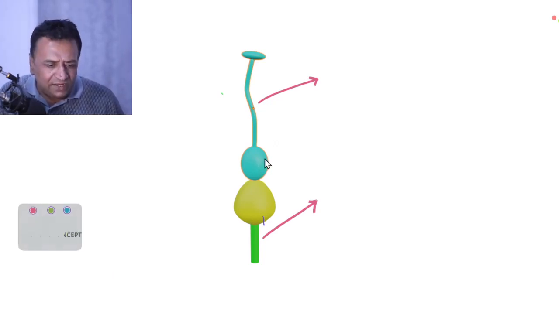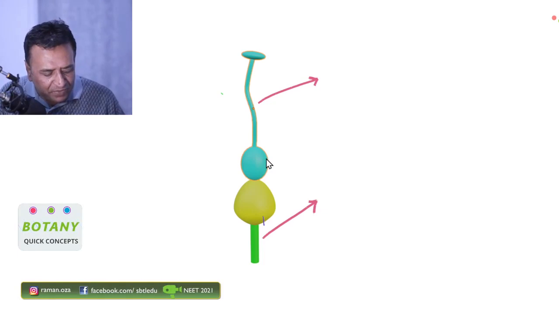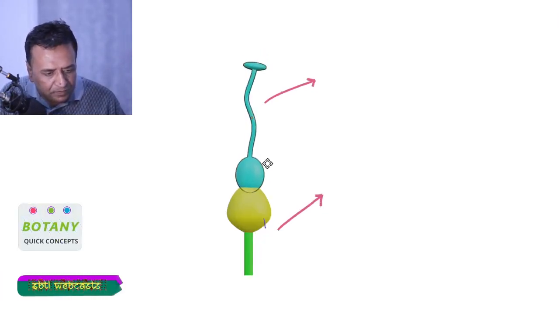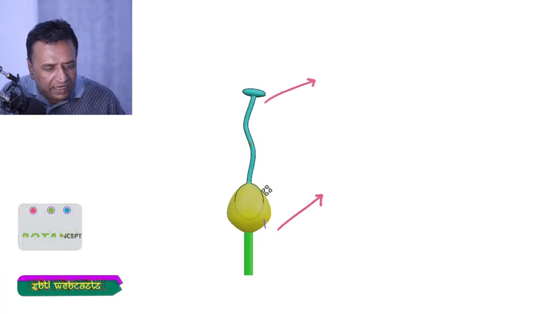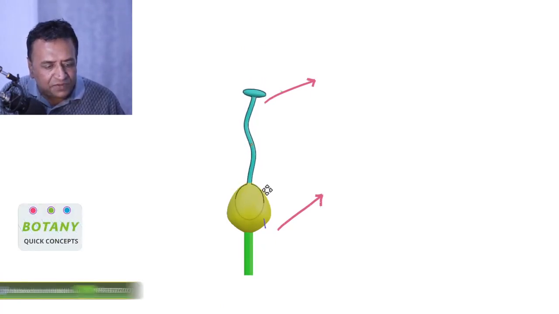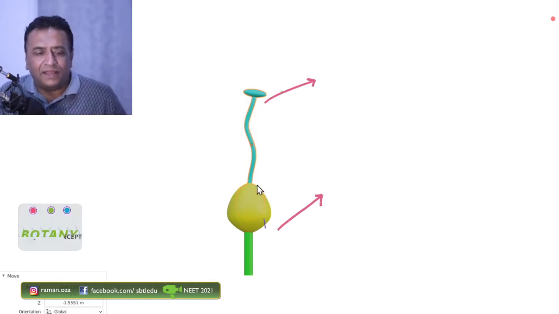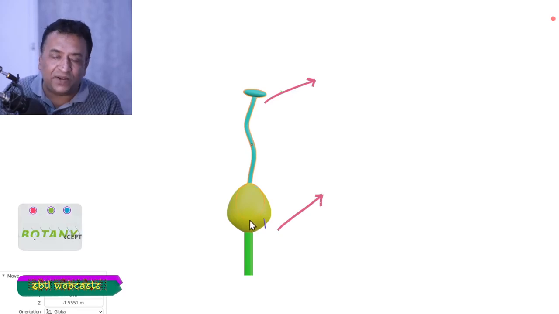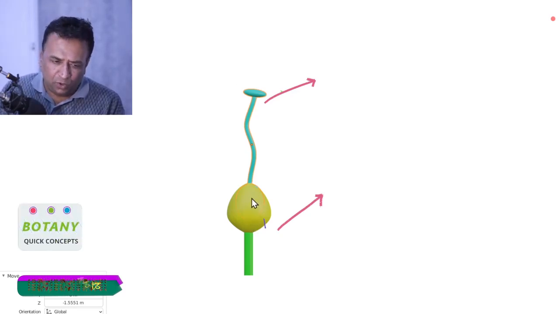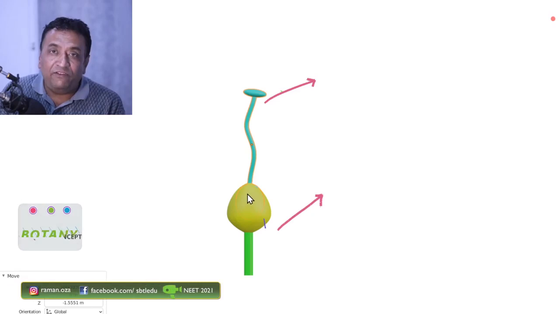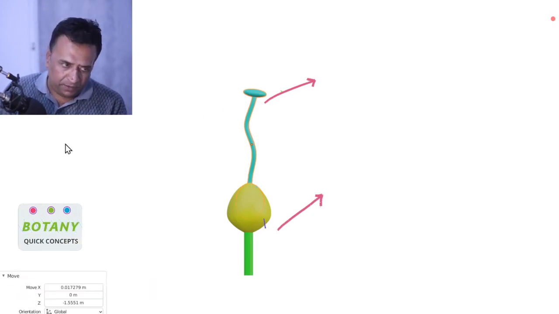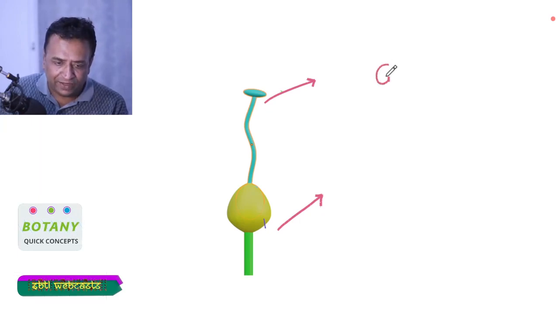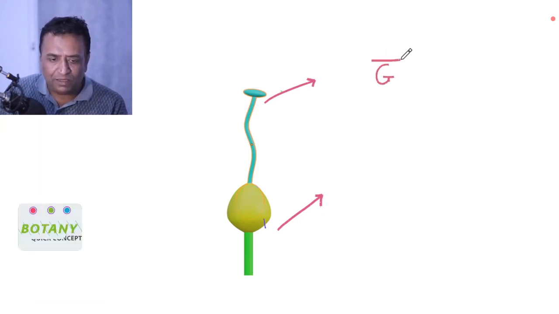This ovary sometimes is present here, merged in the thalamus. In such conditions, the thalamus is cup-shaped and the ovary is placed inside it. Such an ovary is called inferior ovary. While writing the floral formula, we indicate that with this symbol.